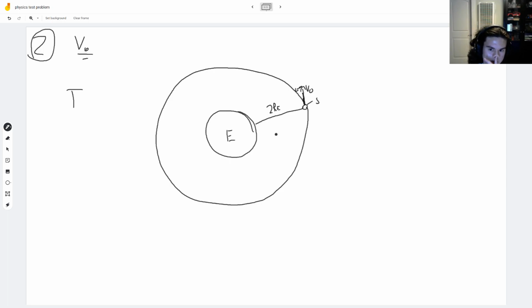To figure this out, I'm going to draw the forces acting on S. The only thing acting on it is the force of gravity from the Earth. I'm going to set up some axes, it doesn't really matter, and say that direction is positive.